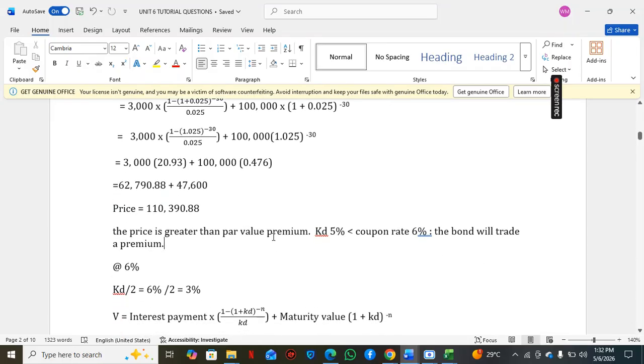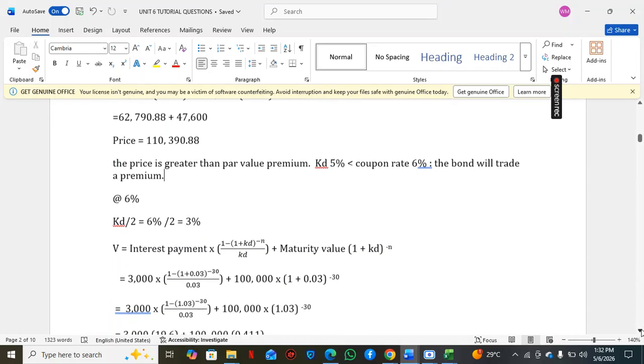Now here, the required rate of return is equal to the interest rate. Okay, required rate of return is 6%, interest rate is 6%. So let's find the value of the bond.